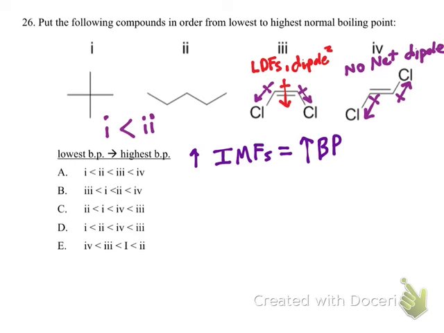Molecule 4 is going to have a lower boiling point than molecule 3. So when ranking them all together, the ones with chlorine all rank ahead of the ones with just carbon and hydrogen. So our overall ranking is going to be 1, then 2, then 4, then 3.